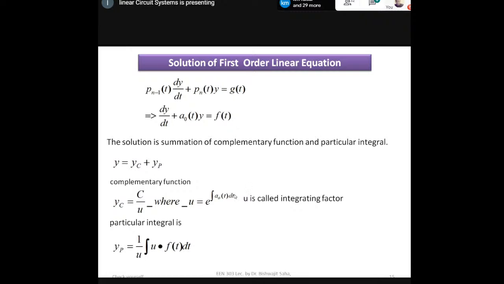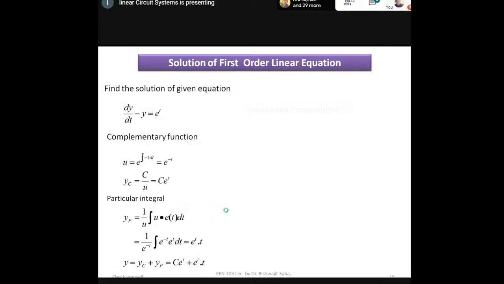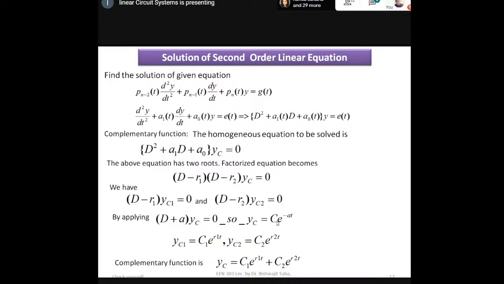Understand? Because A0 here is constant, we have applied the same process there. E to the power minus at, because it was divided.